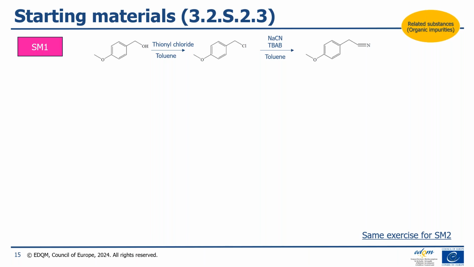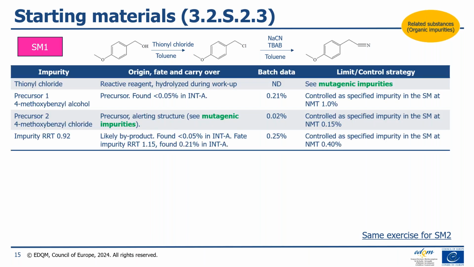You can check. Thionyl chloride is a reactive reagent hydrolyzed during the workup, and we will discuss it in the mutagenic impurities. It has been detected in the batches. Precursor 1 is found at 0.21% in the starting material 1. But you have seen that it's further eliminated in intermediate A, mainly due to the crystallization of this intermediate.